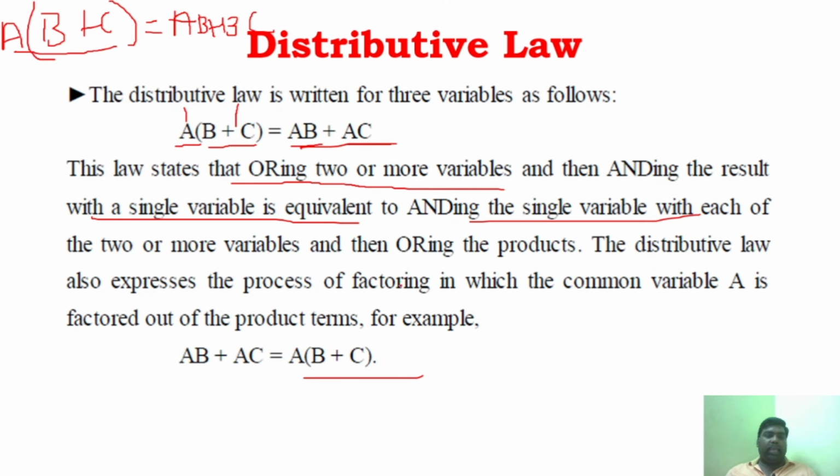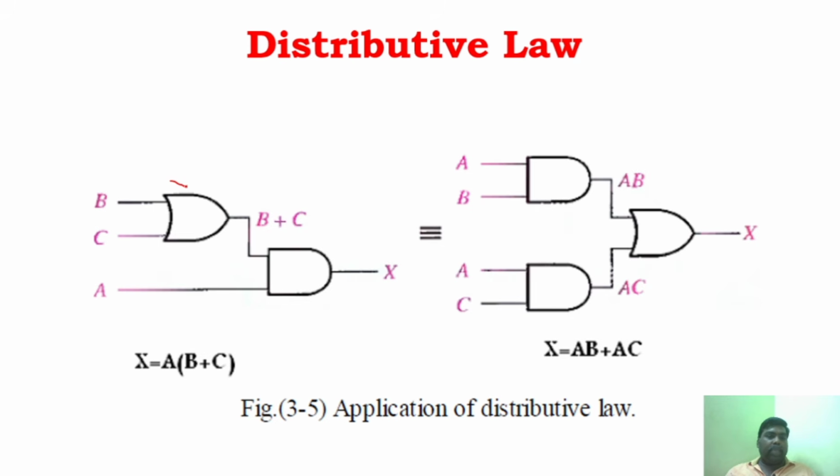First, what you have to do is B plus C. How will you represent B plus C? By using an OR operation. And then you will do A into B plus C. So now this OR operation output and A are ANDed here. That is the output X, and that is equal to AB plus AC.